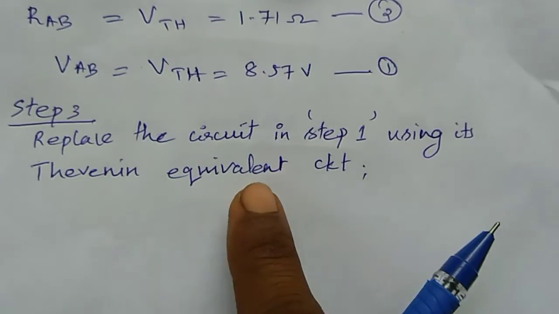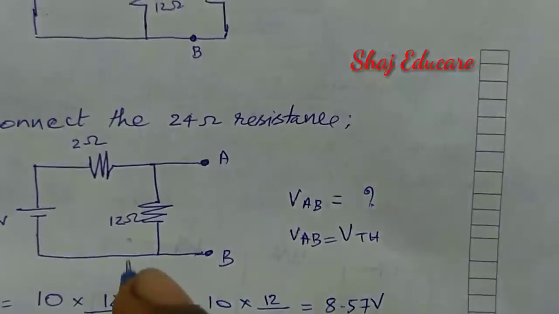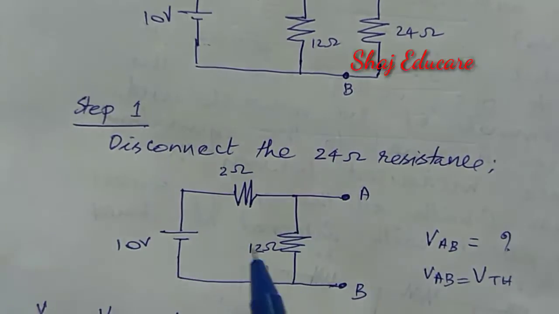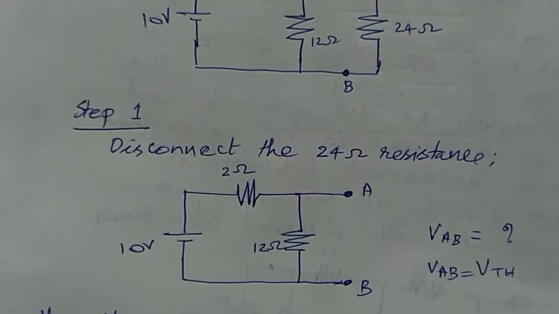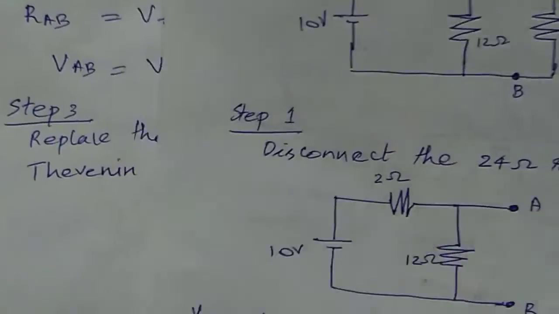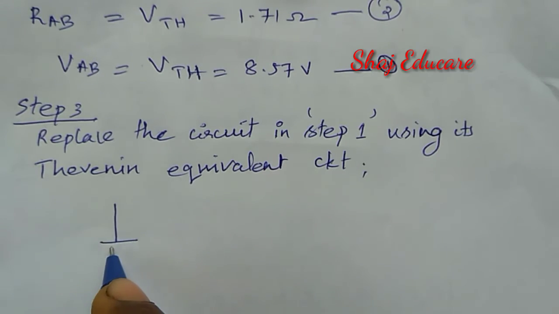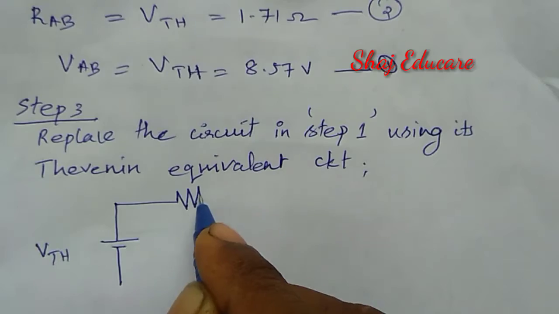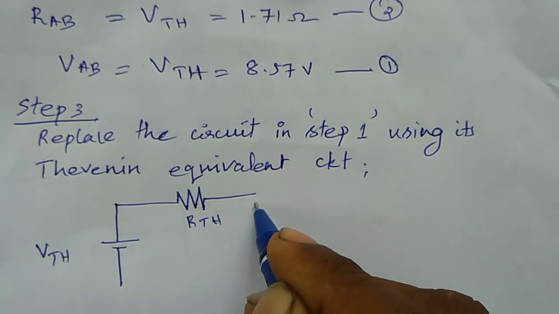Step 3: replace the circuit in step 1. This is the circuit in step 1. Now replace this circuit using its Thevenin equivalent circuit. What is the Thevenin equivalent circuit? It is the voltage source VTH and a series resistance RTH.